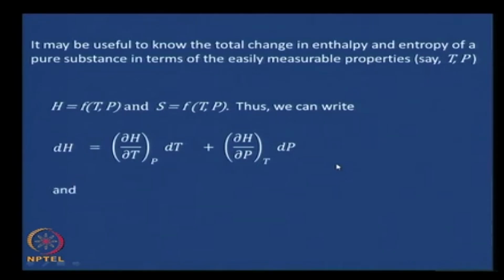and we can write a similar expression for entropy also. The total differential of entropy, dS, equals (∂S/∂T) at constant P dT plus (∂S/∂P) at constant T dP.